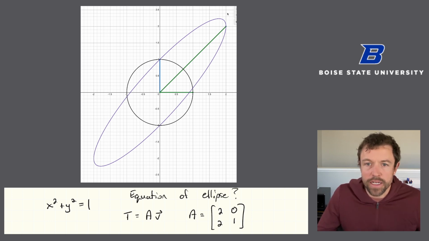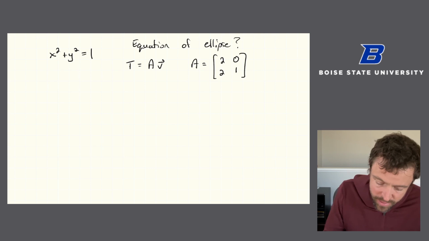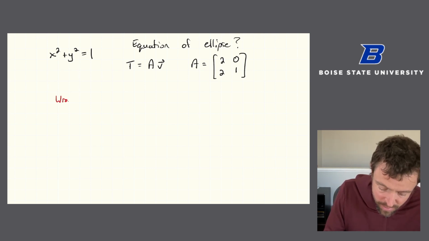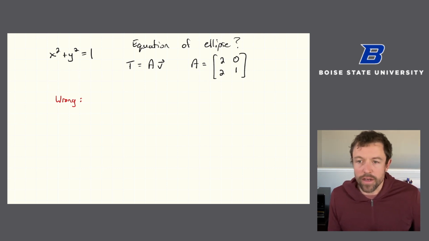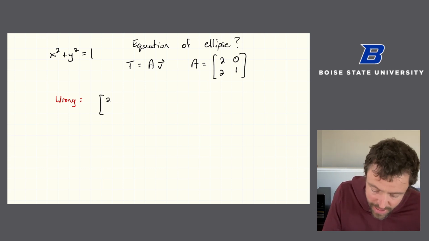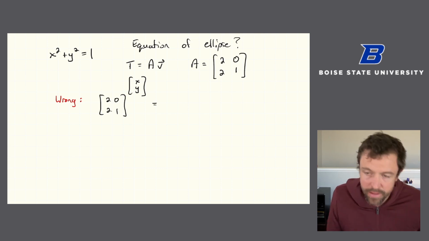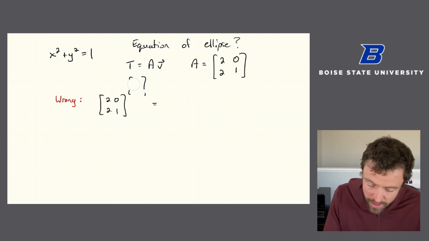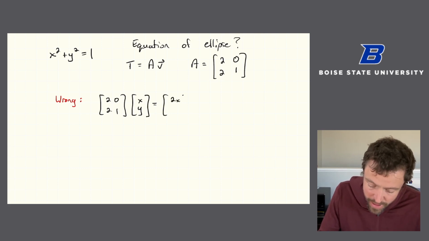So let's flip for a second to just the iPad. If we take our matrix A and multiply it by any vector (x, y), we get 2x up here, and down here we get 2x plus y.